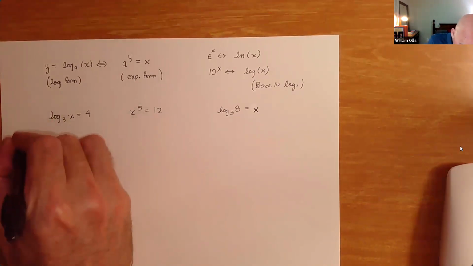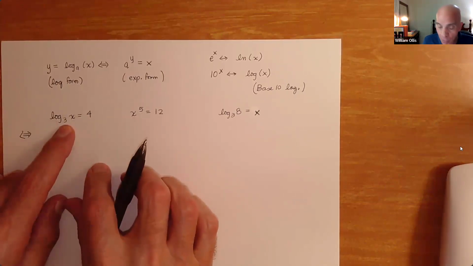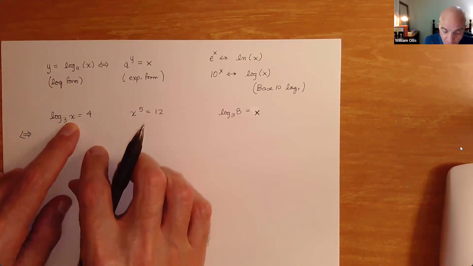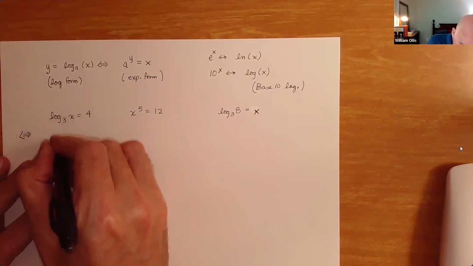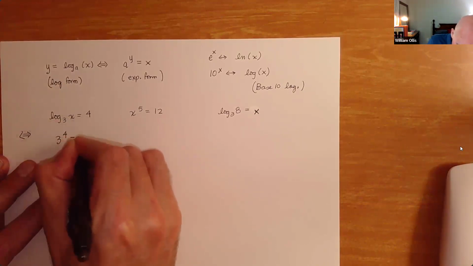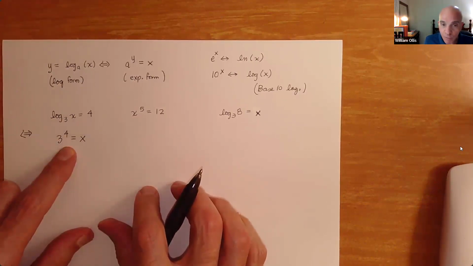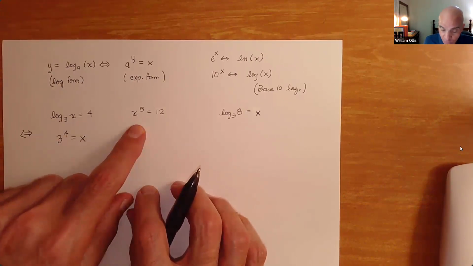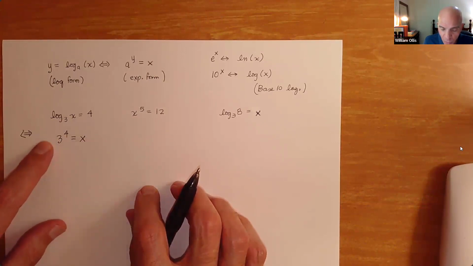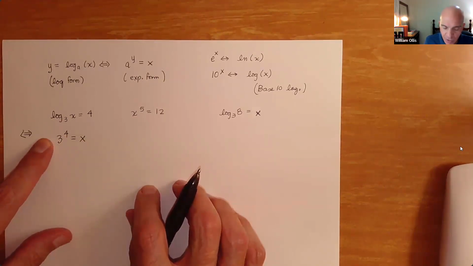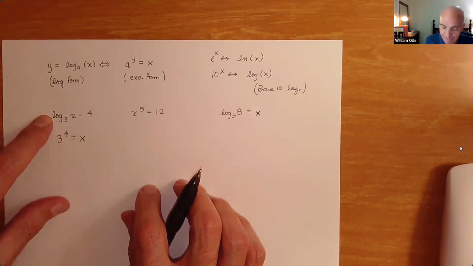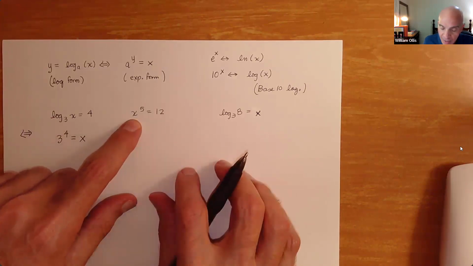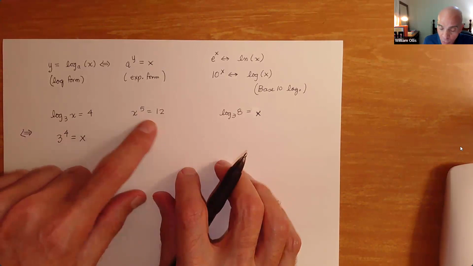So here, what's a logarithm? A logarithm is a power of the base. So the power of 3 that equals x is 4. So 3 to the 4th equals x. That's the corresponding exponential form. Now, x to the 5th equals 12 is in exponential form. Here we're saying that the power of x that equals 12 is 5.